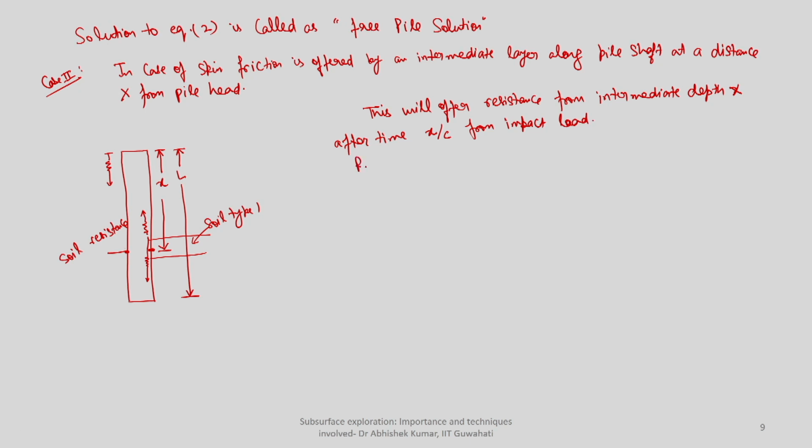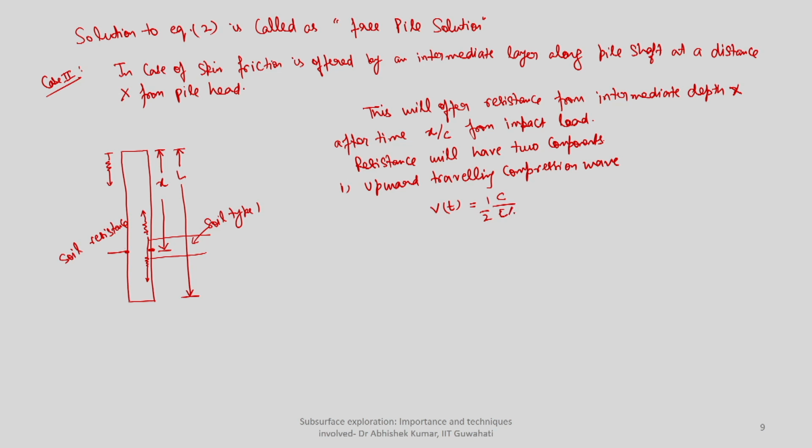The first one is the upward travelling compression wave, which will be called as Vt, C over 1 by 2 C over Ea RT.